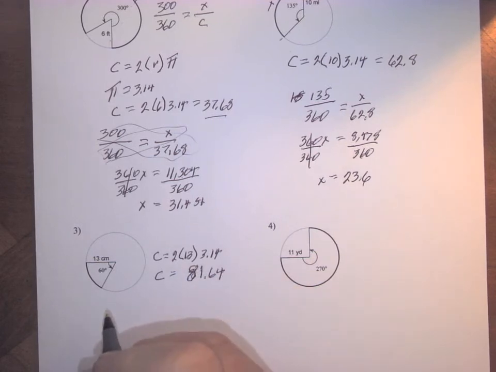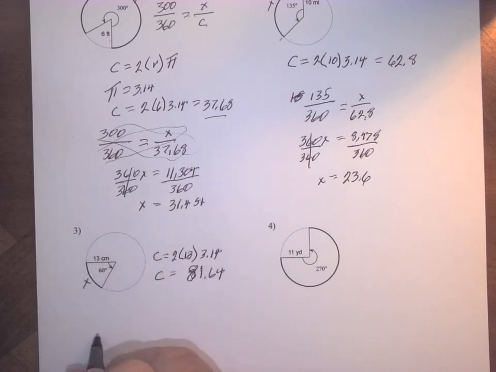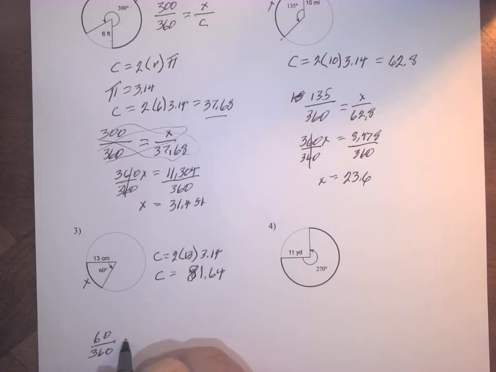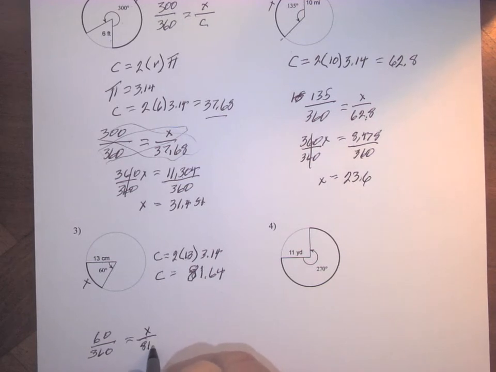So now we set up our proportion. The measure of our arc is 60 degrees, so we put in 60 over 360 has got to be equal to x over the total circumference of 81.64.